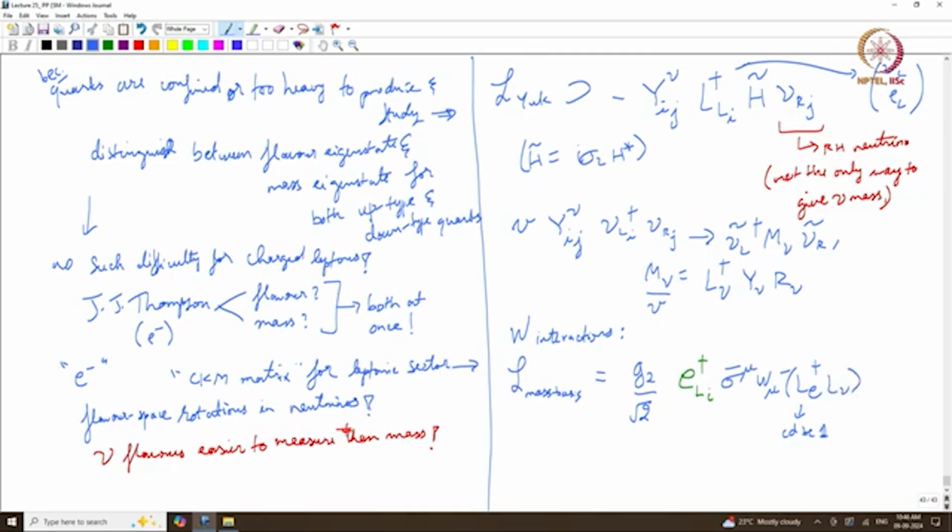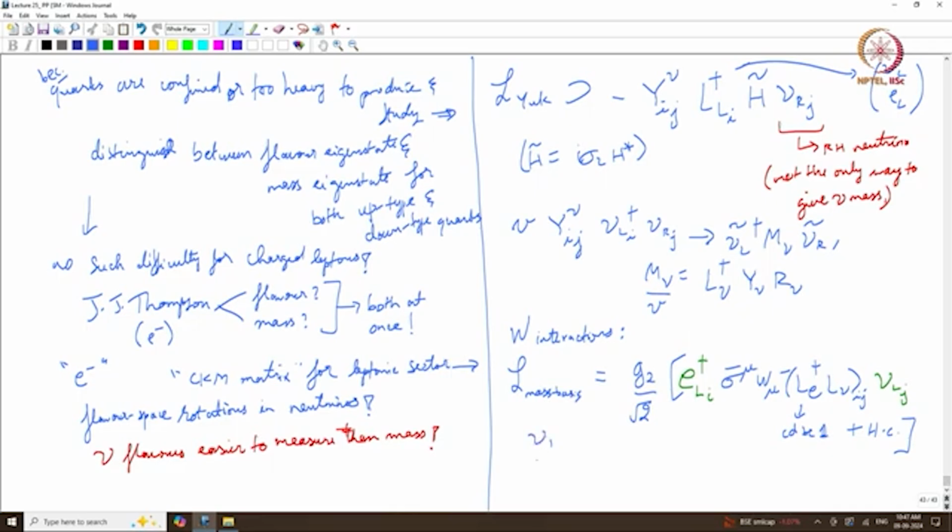Then I have L nu, Ij, again because it is the mass basis I am going to write nu L j, in green, plus the Hermitian conjugate. And now this Ij stands for mass basis index.